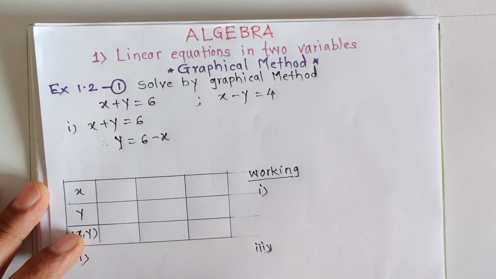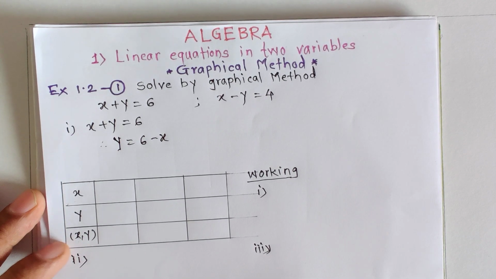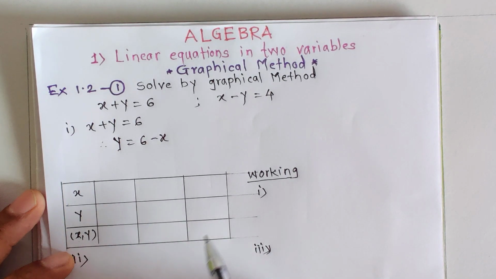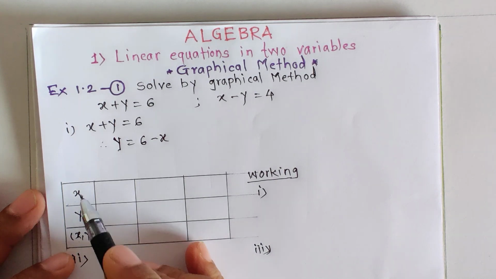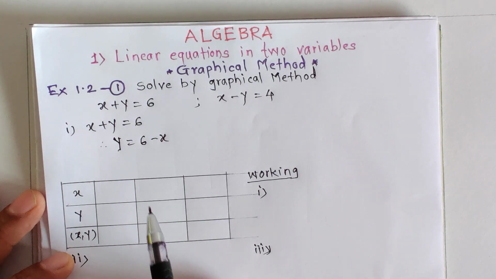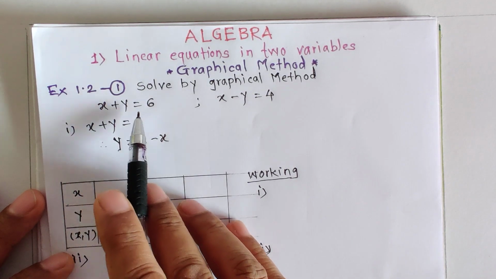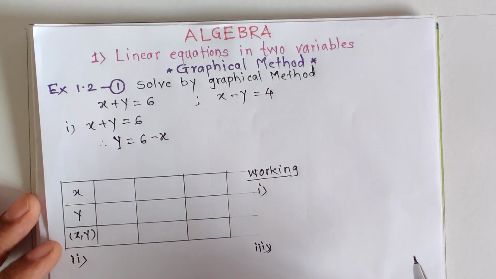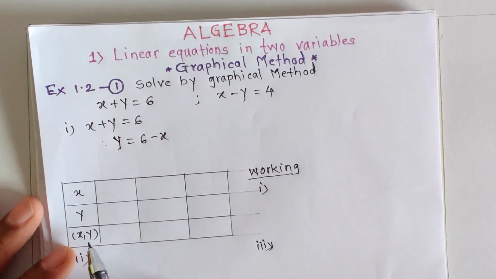Because to plot the graph of a linear equation, we require at least 3 points. So here, by preparing this table, we have to obtain 3 points to plot the graph of the equation x plus y is equal to 6. Here we see this table.